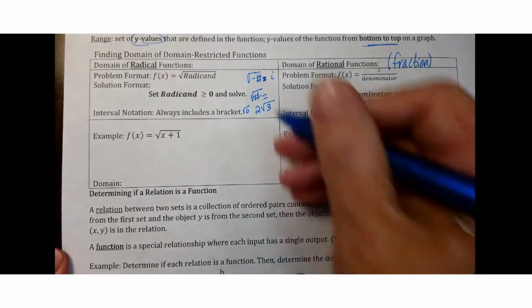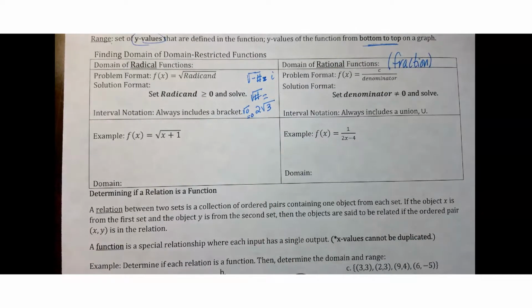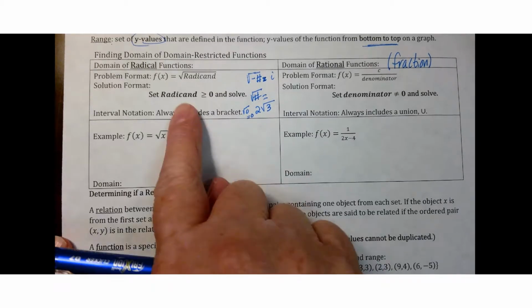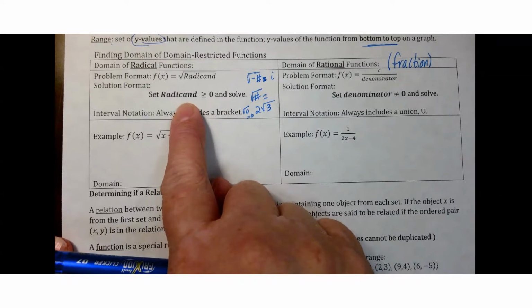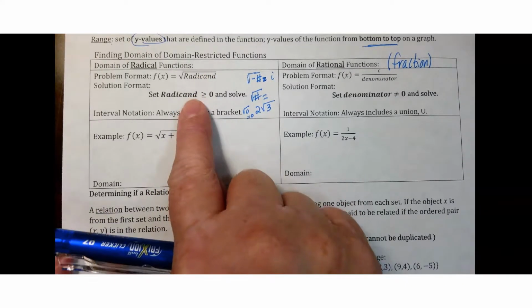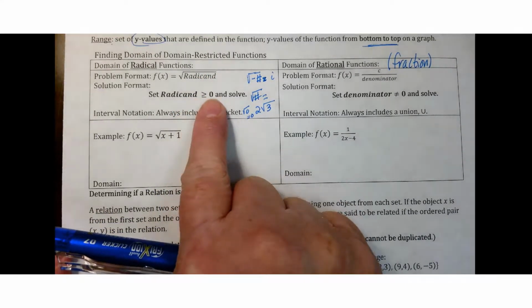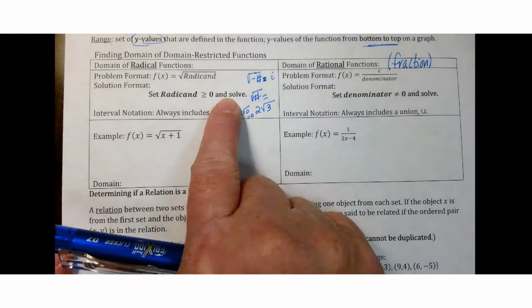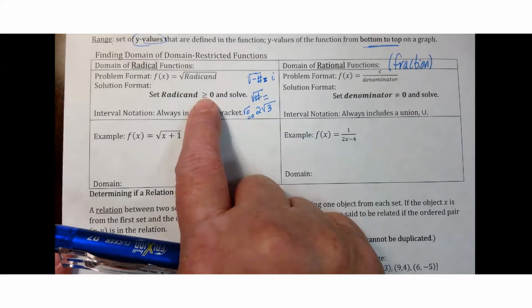Yes, that would be 0. So 0 works also. So really what I'm trying to find is any number that is 0 or higher. Because if it goes in the negative direction, we're no good, because we end up in imaginary territory. And that is what this is saying. That these numbers underneath must be greater than or equal to 0 in order for me to have a real number answer. Anything less than that is going to give me an imaginary number.